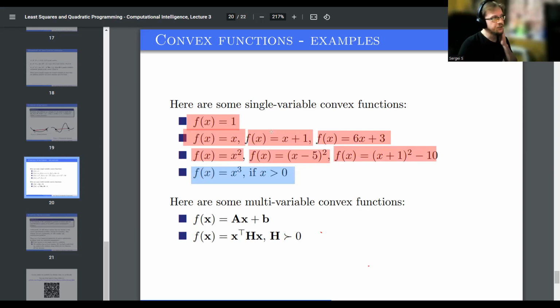Why? Well, because if you mess up the domain, so if you don't include this, this guy is not convex. And typical solvers don't like this kind of situation. They'll say, okay, not convex, so not going to use it.